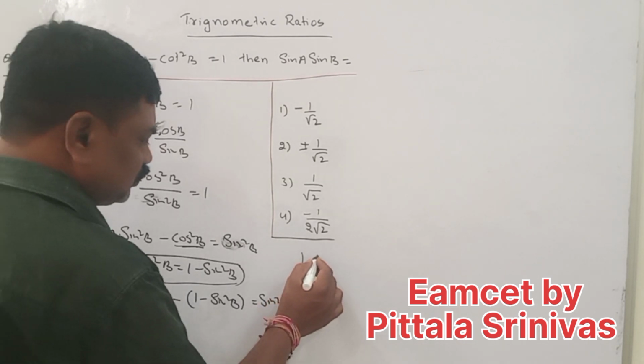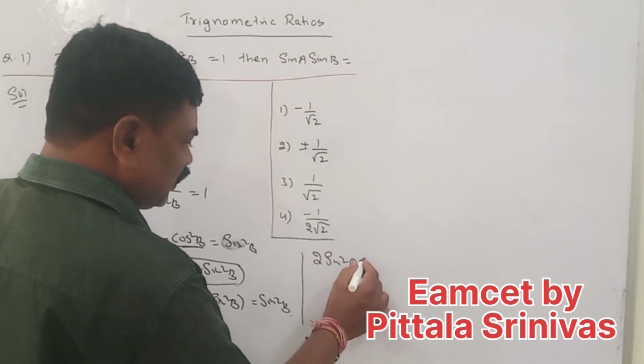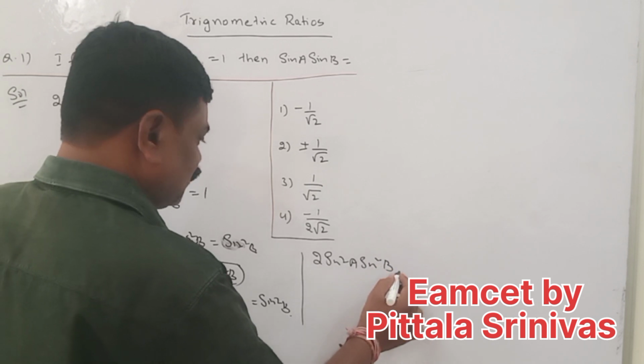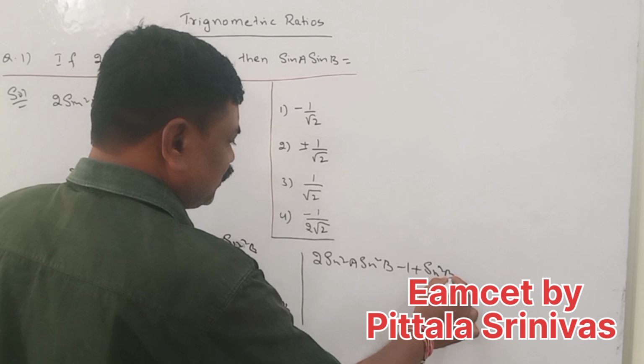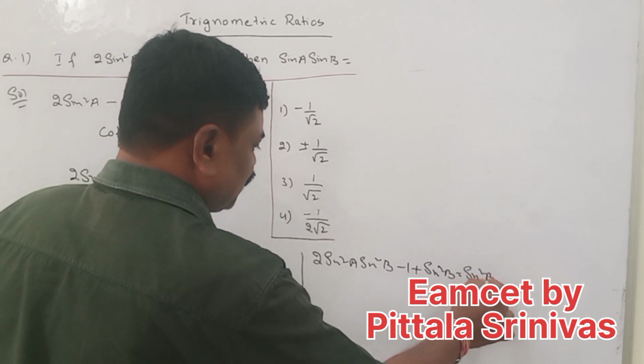This is 2 into sin square A sin square B minus 1 minus into minus plus sin square B is equal to sin square B.